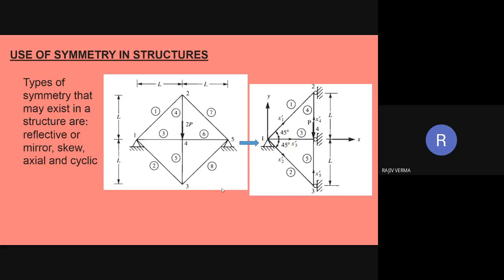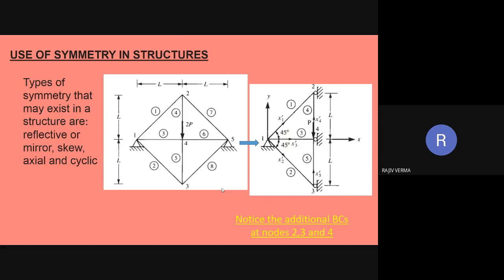This simply means that at these three nodes, node 2, 3 and 4, we are going to constrain the deformation along the x-axis. Because they are going to have deformation along the y-axis only, they are going to have no deformation along the x-axis. So these are the additional boundary conditions which are going to be imposed at node number 2, 3 and 4.